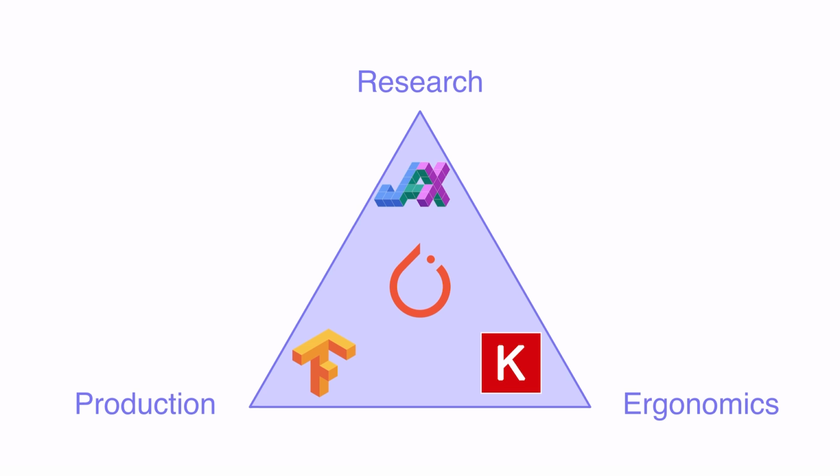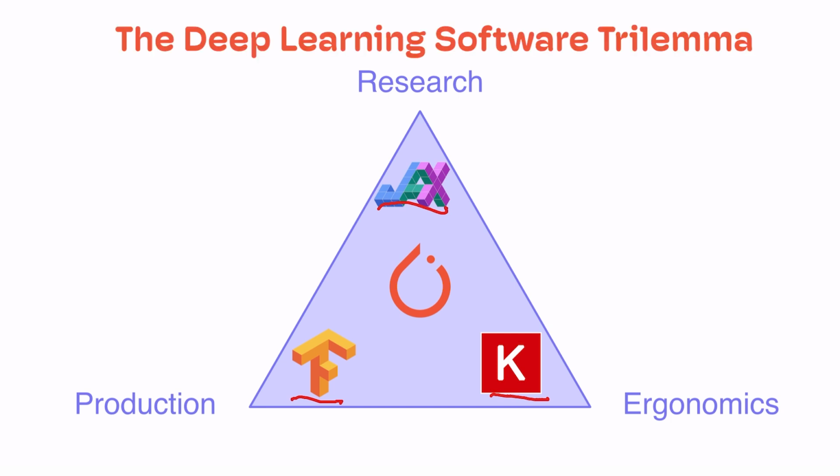I've heard of TensorFlow, I've heard of Keras, there's a new-ish library comparatively called JAX, and all three of these, TensorFlow, Keras, and JAX, are all Google projects, and they all really focus on or excel at one aspect of what I like to call here the deep learning software trilemma.